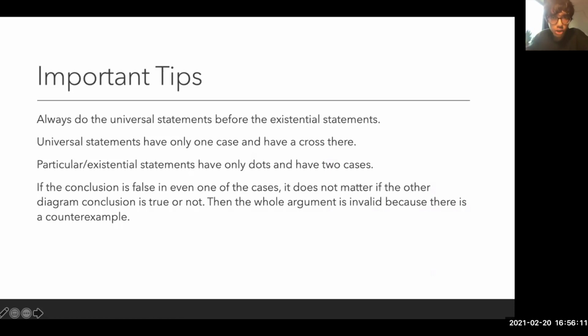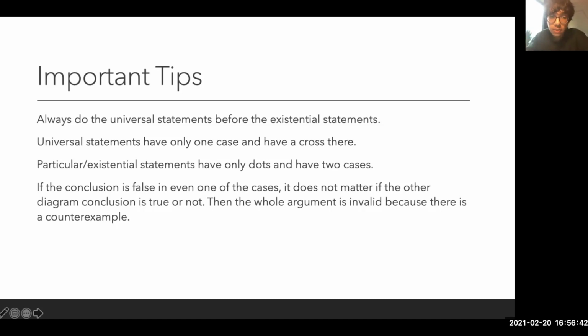You verify whether the conclusion follows from the premises. So make a Venn diagram for all the premises, and then use the conclusion and test whether that conclusion is true in the Venn diagram or not. For the premises, you always do the universal statements before the existential statements. So all the statements with all or no are done before the statements with some in them.